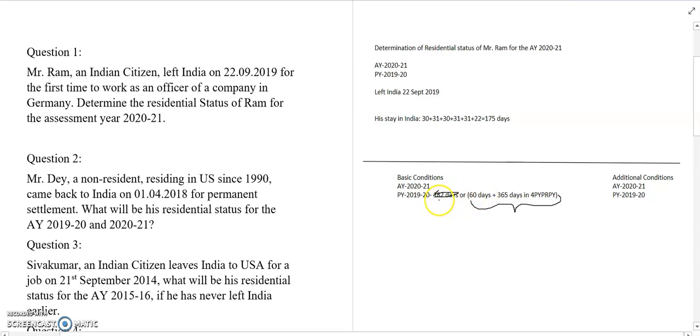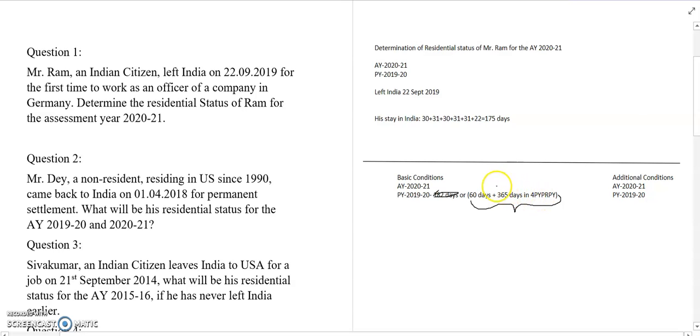So he doesn't satisfy the first basic condition, and the second basic condition is not applicable for Mr. Ram as he went abroad for employment purpose. So we have to conclude that as he doesn't satisfy the first basic condition of 182 days stay in India, as he had stayed only for 175 days in India, and the second basic condition of 60 days plus 365 days in four previous years preceding the relevant previous year is not applicable in the case of Ram, as he went abroad for employment purpose. So Mr. Ram turns out to be non-resident.